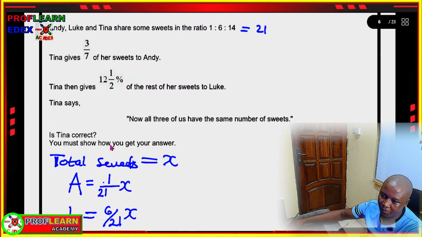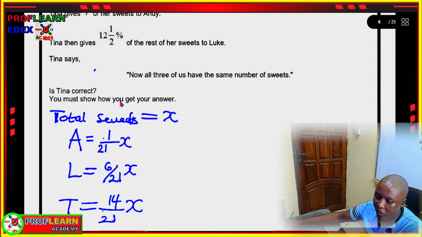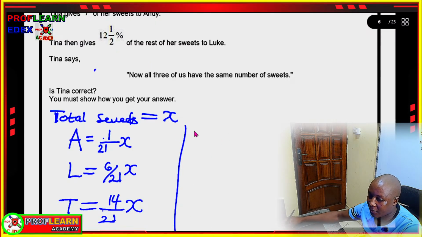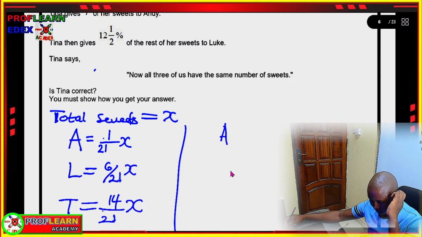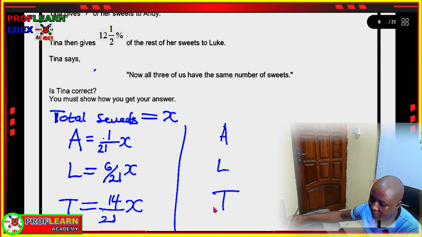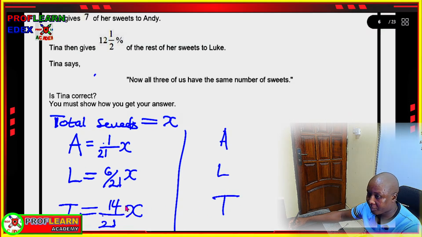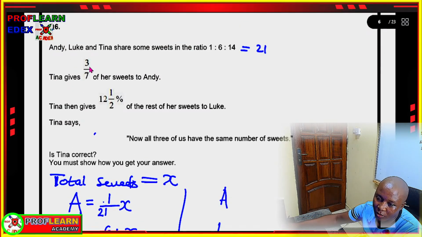Then we are told that Tina gives 3 over 7 of her sweets to Andy. So let's check. We shall have Andy, Luke, and Tina. Tina is going to give 3 over 7 of her sweets to Andy.